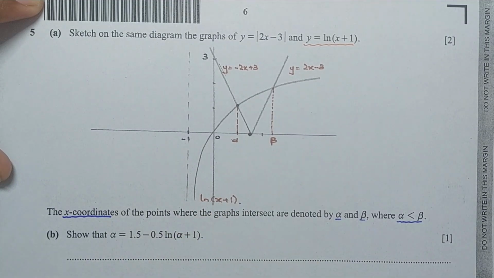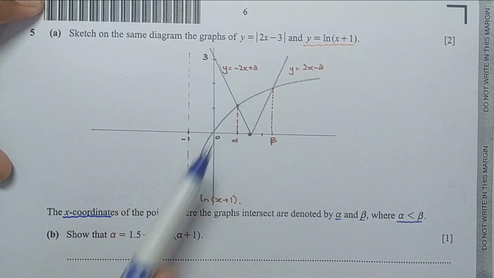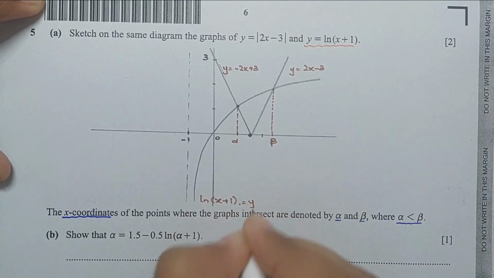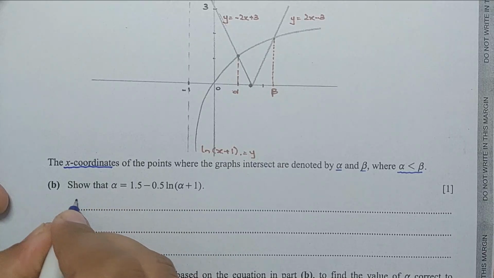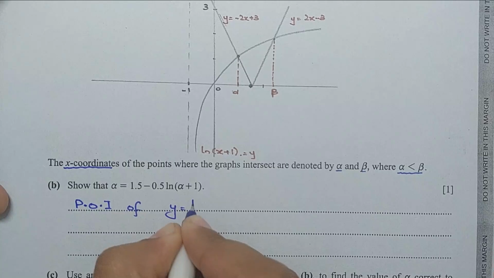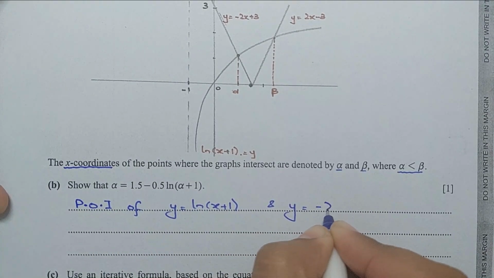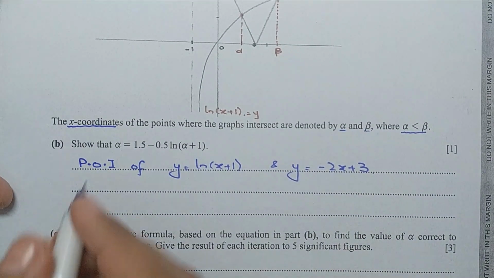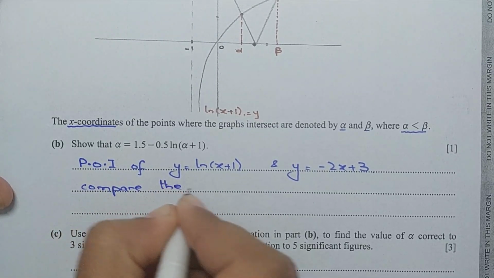Right. Okay. So we need to figure out alpha, which is basically the x coordinate of the point of intersection of this and this. Both are in y. Let me figure out their point of intersection, right? So the point of intersection of y equals ln of x plus 1 and y equals minus 2x plus 3. Both are in y, so we can compare the y values.